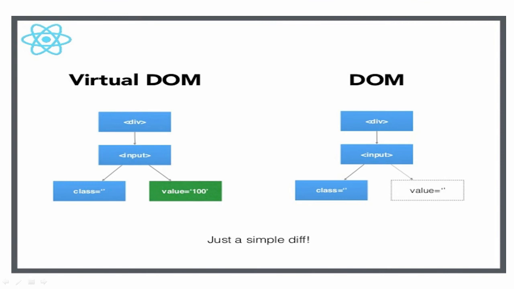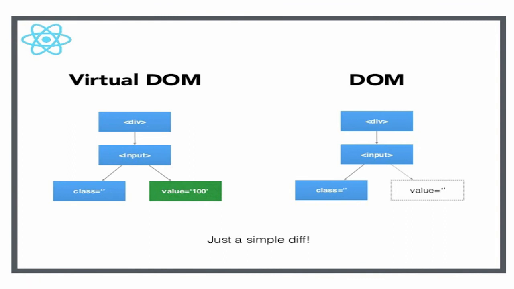Let's say I want to change the value from null to 100 or any other value. At that time ReactJS will create a virtual DOM for this particular value equal to 100, and after that it will take that virtual DOM and that particular value and update it in our actual DOM.